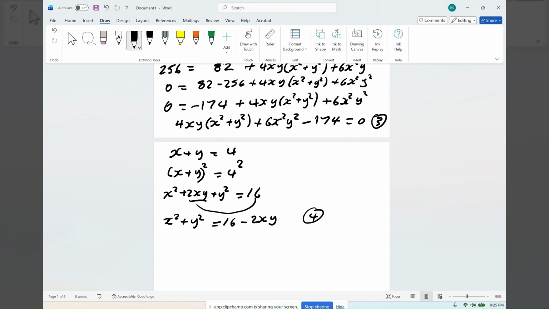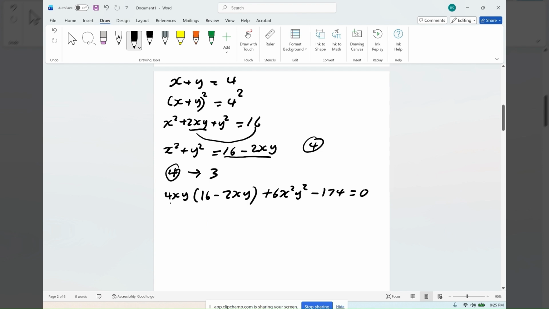Let's substitute equation 4 into 3, changing x squared plus y squared to this. We have now 4xy outside of 16 minus 2xy plus 6x squared y squared minus 174 is now equal to 0.